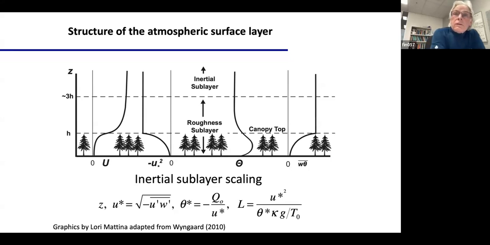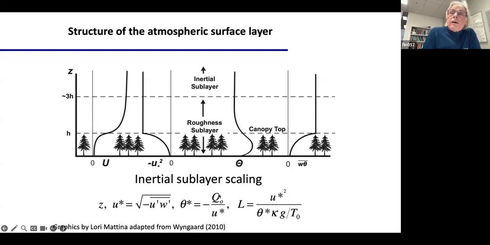The formulas at the bottom of this slide express the key scales that determine how turbulence in the surface layer above the canopy behaves. Z, the height above the ground, is important. The kinematic momentum flux, u'w', for which we usually use u star, the friction velocity, the square root of minus u'w', as a measure of this.